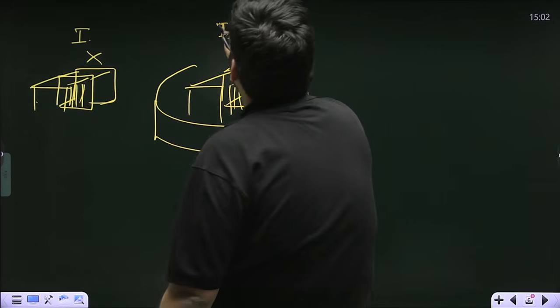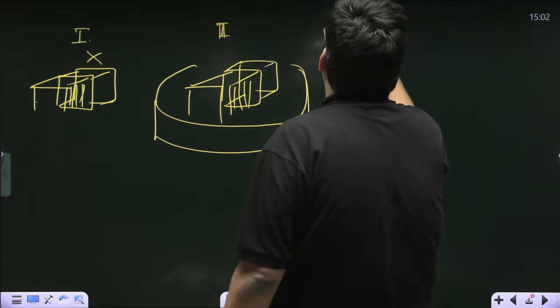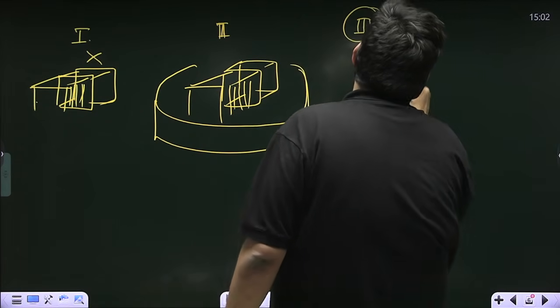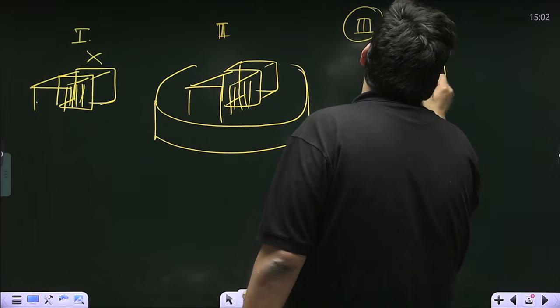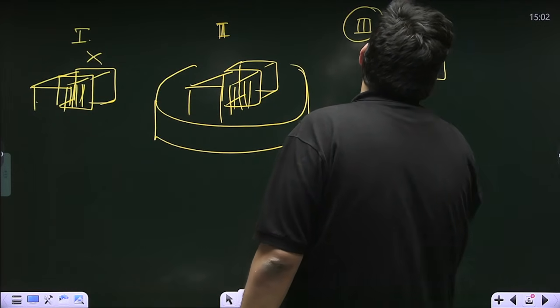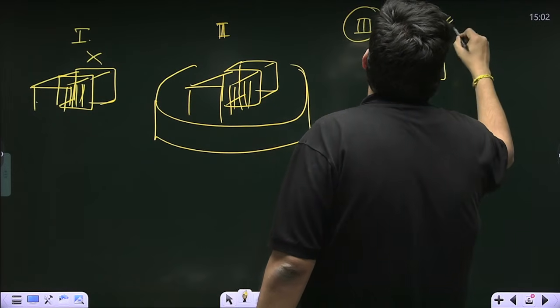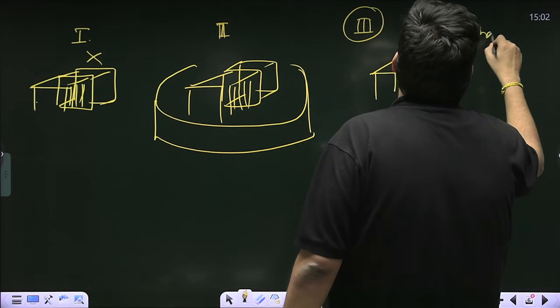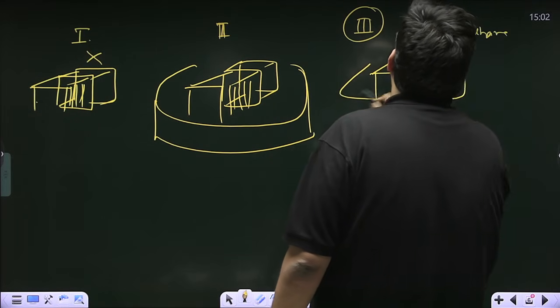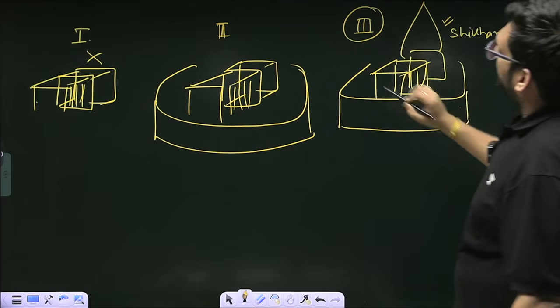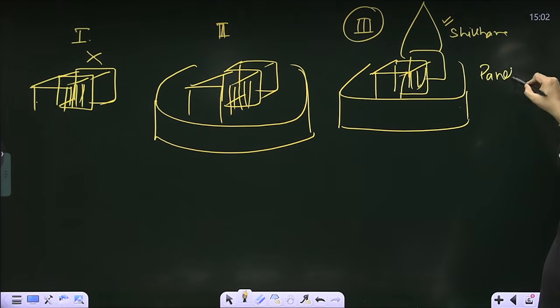Then in the third stage, this is the basic overview. You will have the Garbhagriha, you will also have the Mandapa. Now Shikhar develops, a very important feature, and the raised platform was already there. But in the third phase, we also get something called Panchayatana.